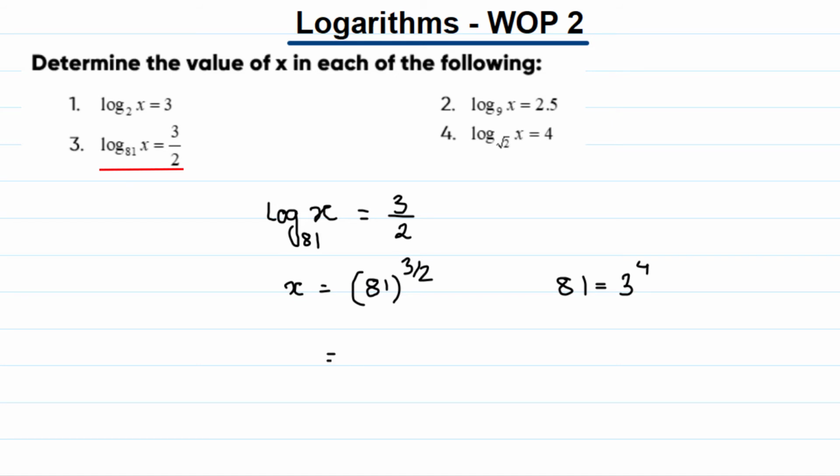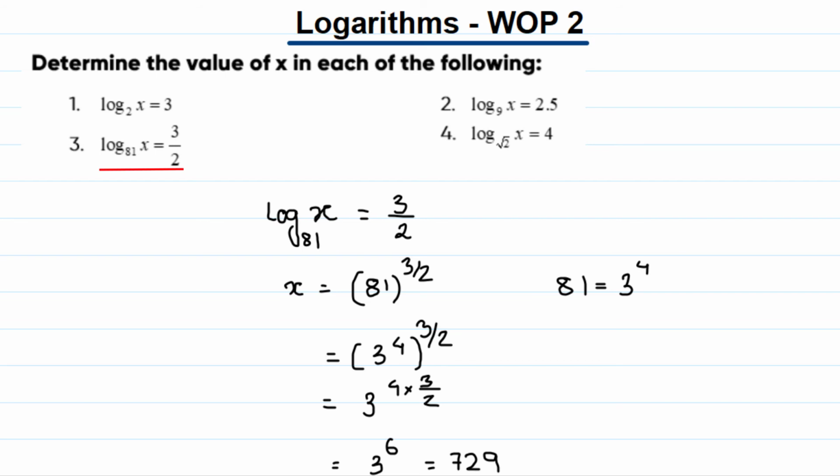So instead of 81, we're going to rewrite it as 3 raised to the power of 4 whole raised to the power of 3 over 2. From our laws of exponents, the exponents will get multiplied, so we have 3 raised to the power of 4 times 3 over 2. Now 4 times 3 will be 12, so 12 divided by 2 will be 6, so that will give us 3 raised to the power of 6. And 3 raised to the power of 6 is 729. So the value of x will be 729.